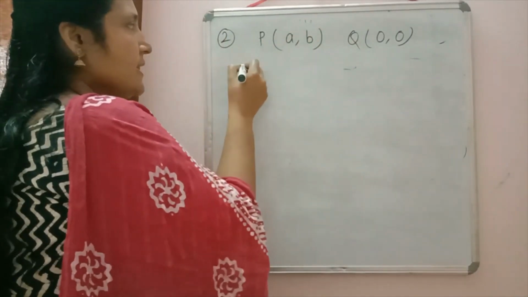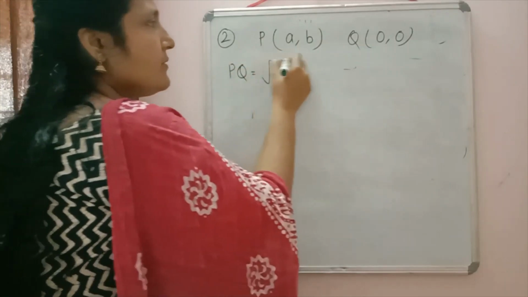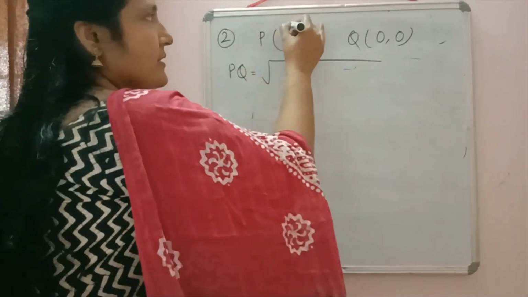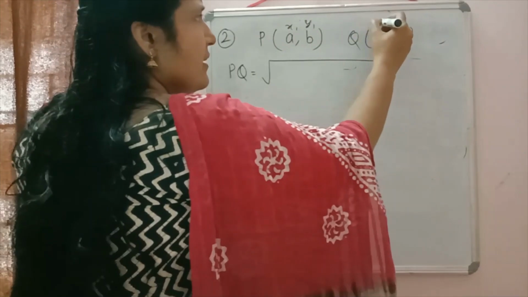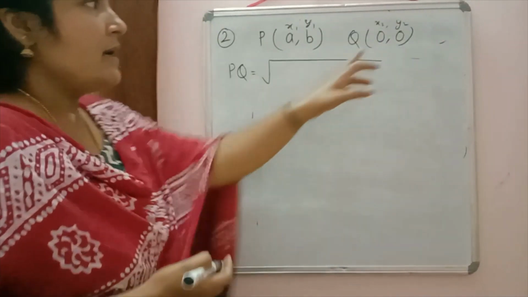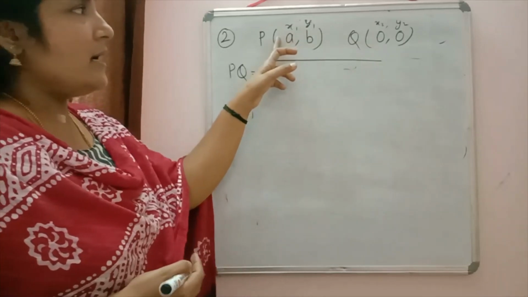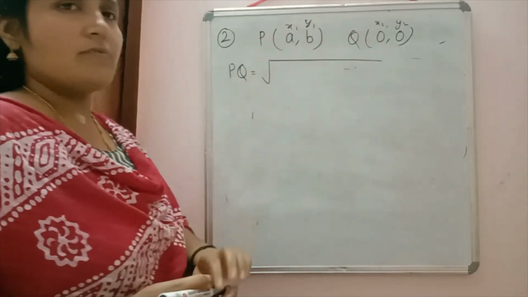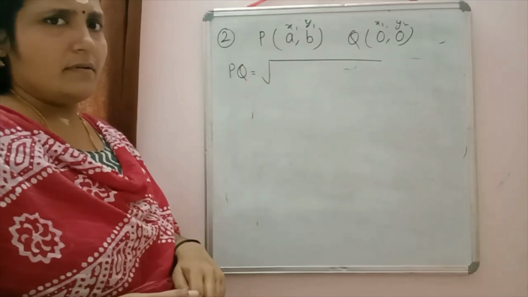So we want the distance PQ is equal to square root of, again this one as x1, y1, x2, y2. It depends on you. Either you can use x2 minus x1 the whole square, or if you want you can use x1 minus x2 the whole square.